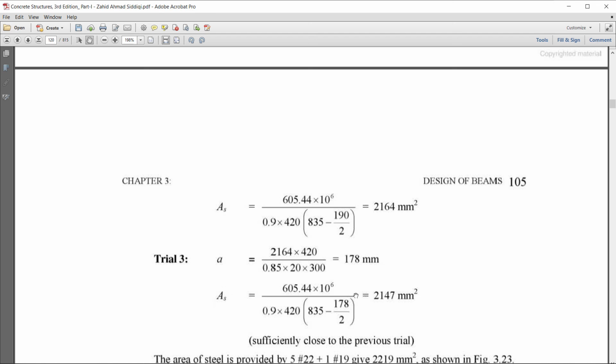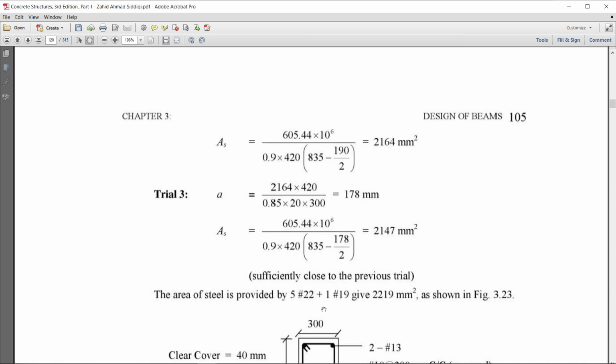You can see only a is changed, so the value is nearly equal to the previous answer. After three trials, that is enough, you will get the same answer as the previous trial. So the area of steel provided is 5 number 22 plus 1 number 19, which gives 2219 millimeter square, as shown in this figure.